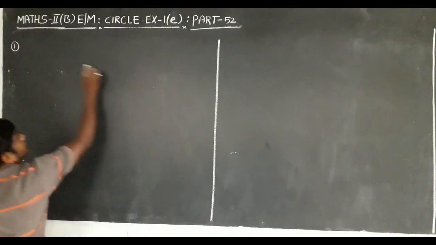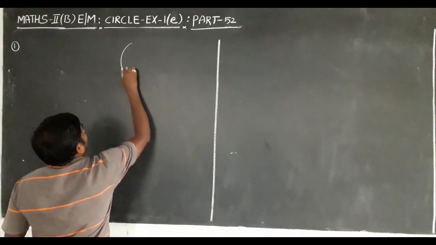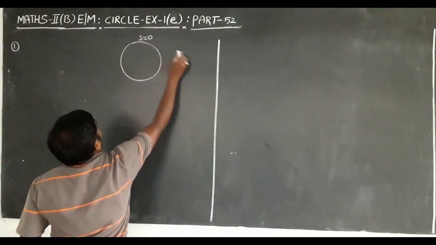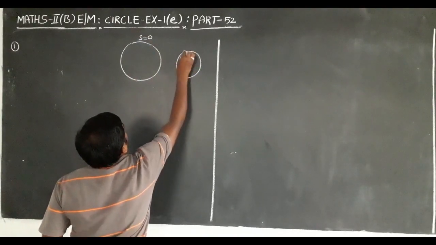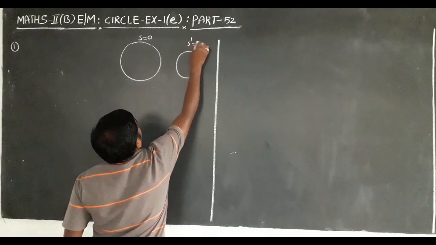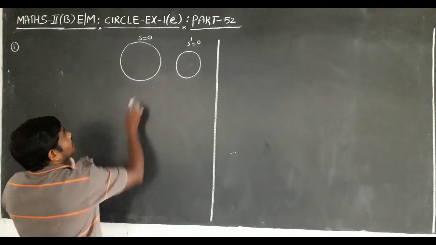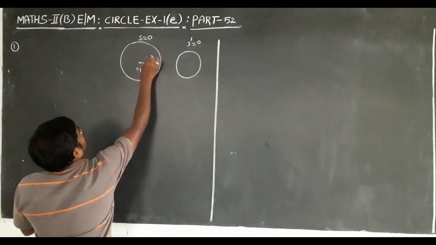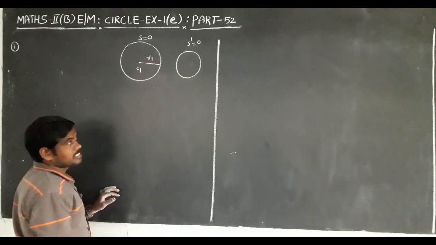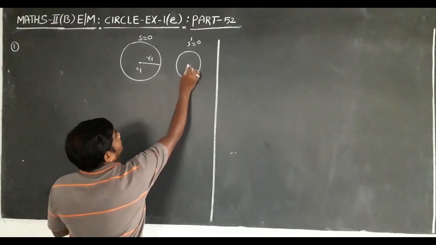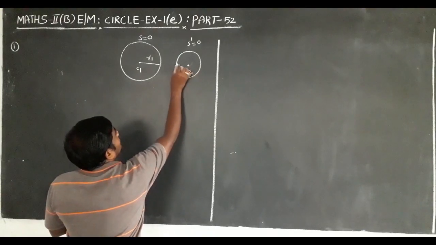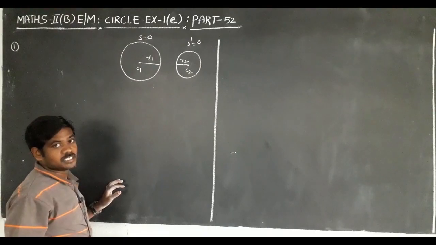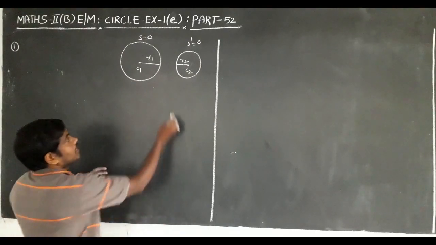First one is the circle S equal to 0, and this is the circle S dash equal to 0. C1 is the center and R1 is the radius of the first circle, C2 is the center and R2 is the radius of the second circle.